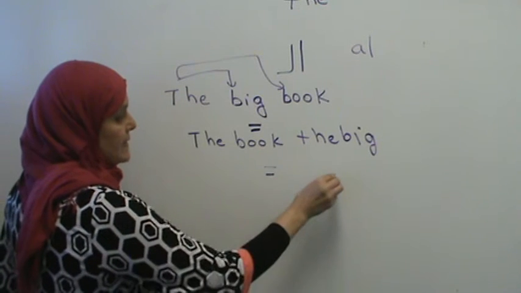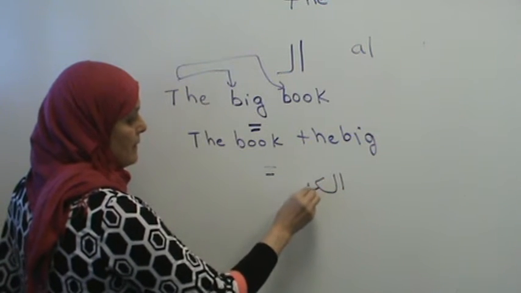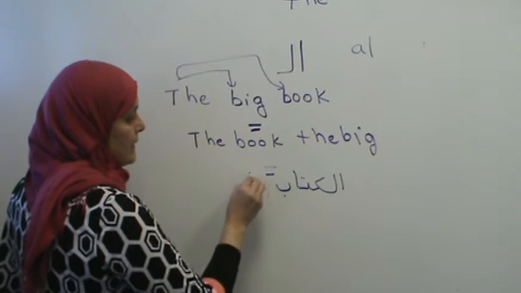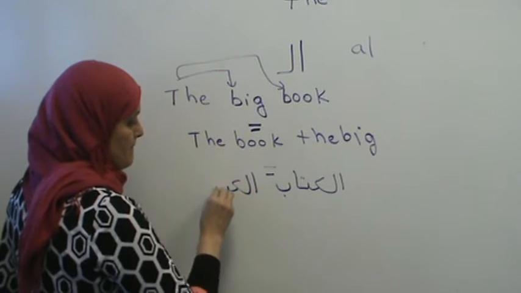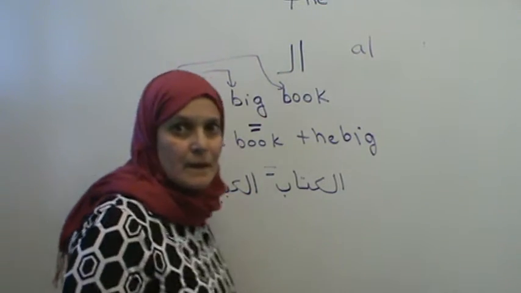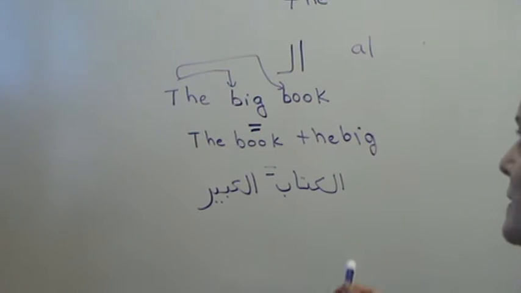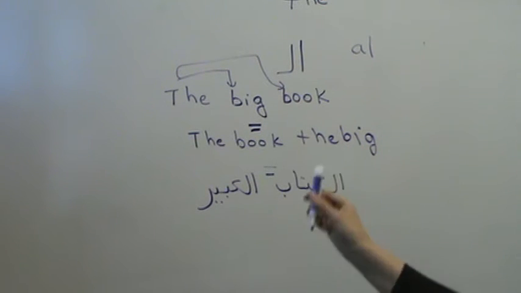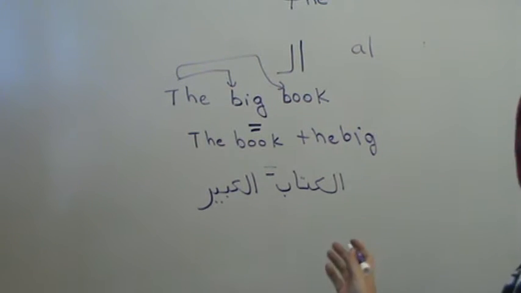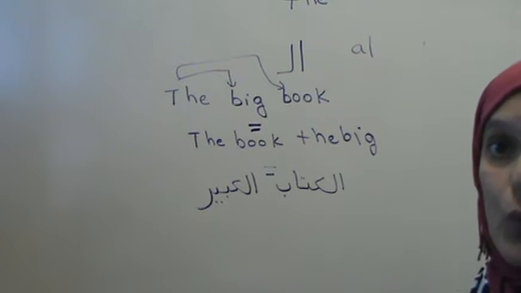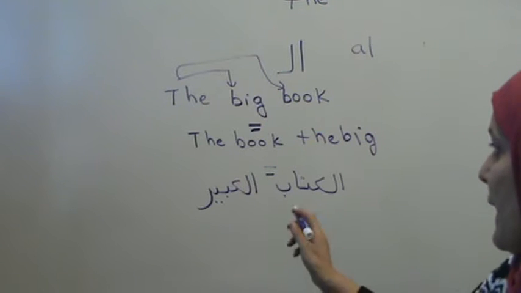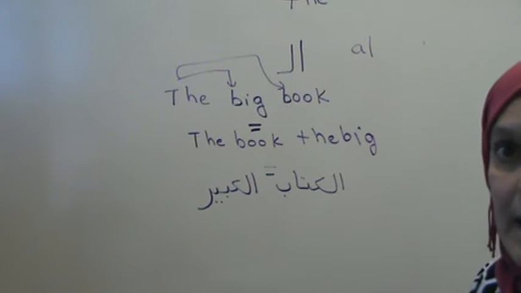And in Arabic, it's al-kitab al-kabir. Okay, so you see it. I went from the big book, and with the wrong English, I said the book, the big. That's how we say it in Arabic: al-kitab al-kabir.